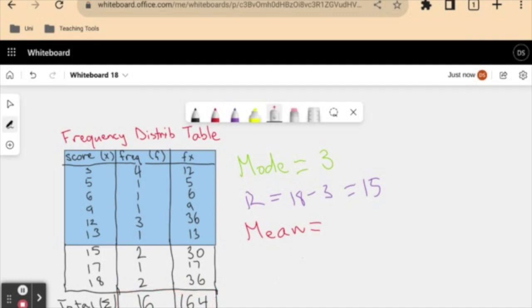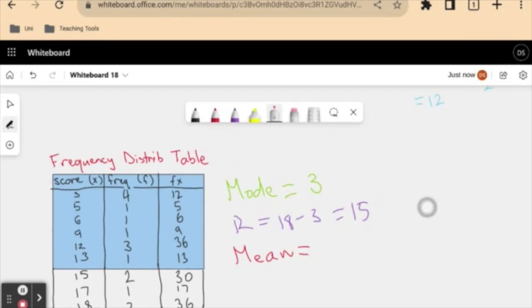Well, let's look at why. What is the effect of filling in all of these values for our fx column and adding them together? Well, it's exactly the same as summing all of our terms. It's the same as multiplying our score by the frequency and doing that for everything and summing it for everything.